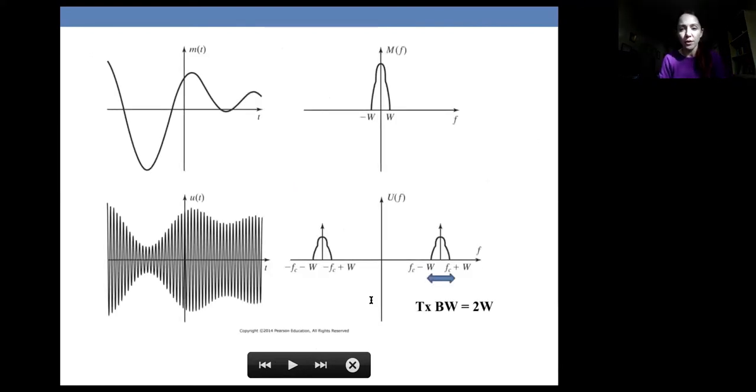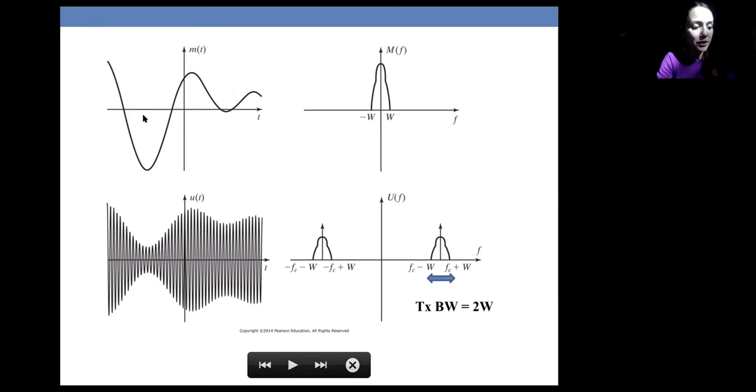Okay, so this is m of t, the message. Suppose this is the spectrum. The modulated waveform is going to look something like this. Remember what happened when we directly multiplied m of t with the carrier?